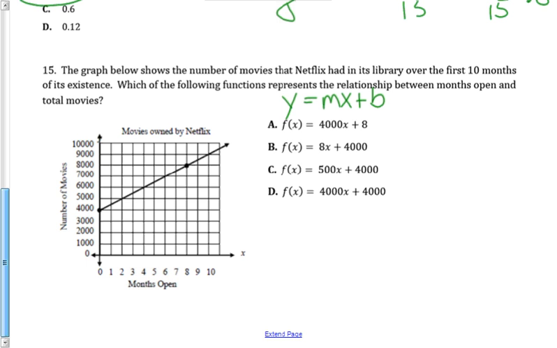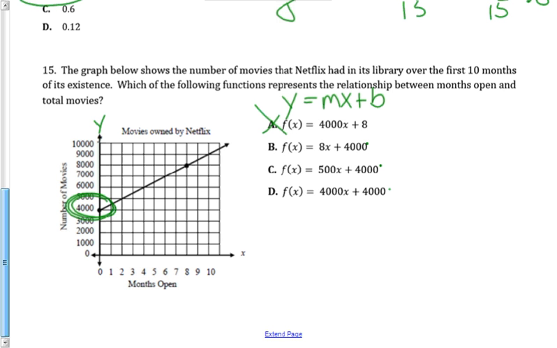So we want to figure out what's the y-intercept and what's our slope. Let's start with the y-intercept, where the line crosses the y-axis. It crosses at 4,000. So we need an intercept of 4,000. All of the last 3 have that. The first one does not. So I'm going to cross that one off.